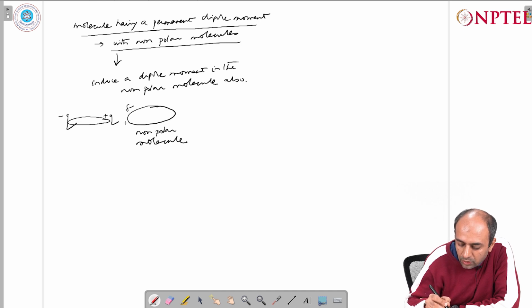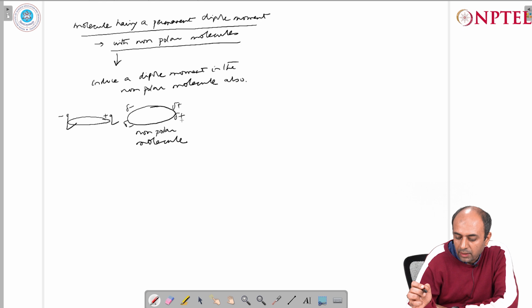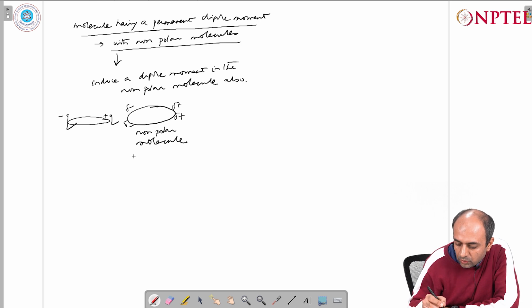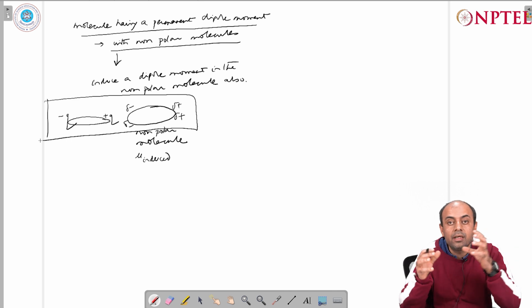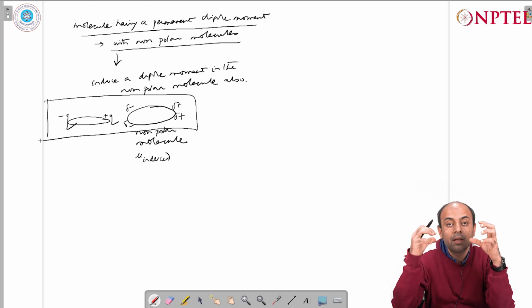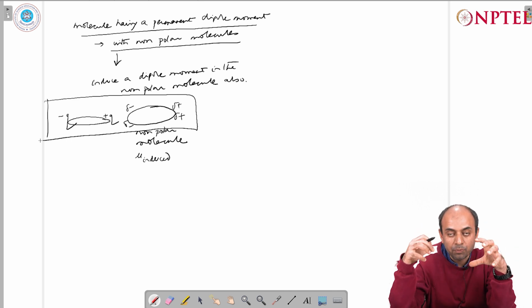This will induce a negative charge, and the positive charge will be induced at the opposite end. In other words, now the non-polar molecule has an induced dipole moment, and once the dipole moment is induced, there is going to be a favorable association between the dipole and the induced dipole in the nonpolar molecule.